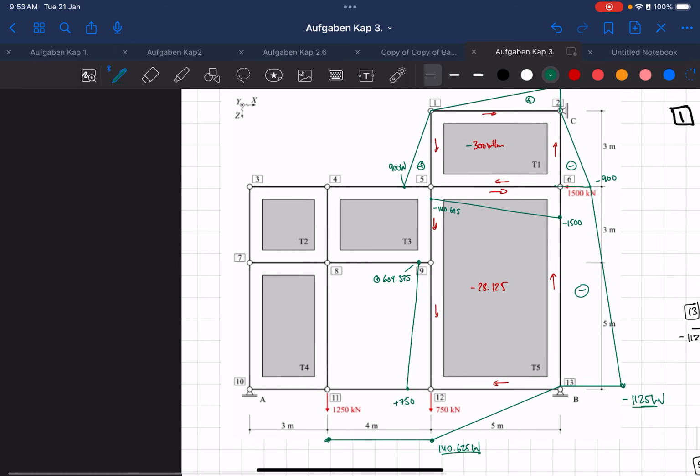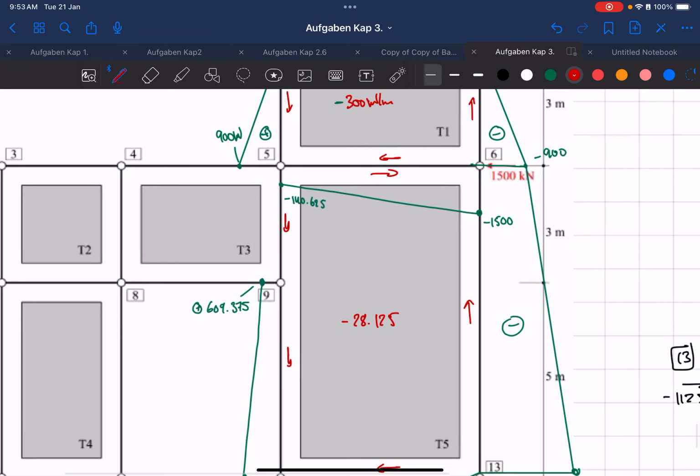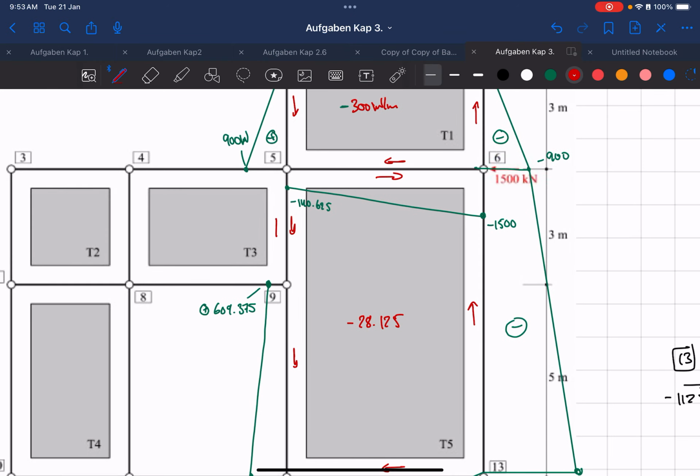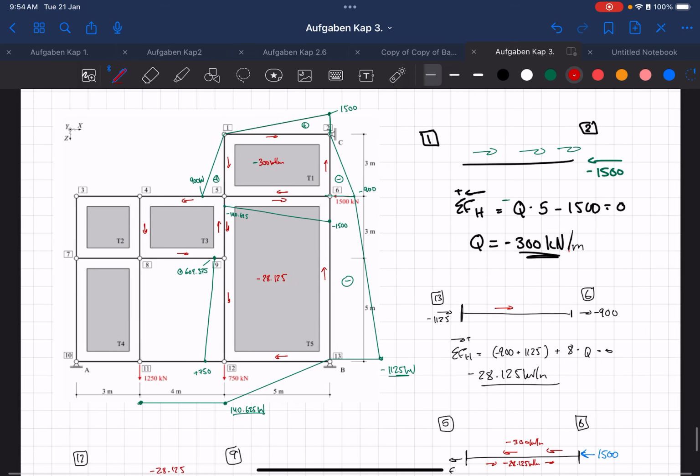Plus. I have to be careful here. I could figure this out immediately, but I think I'll just play it safe and go to the other side.